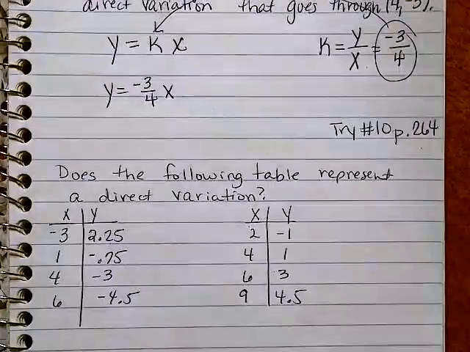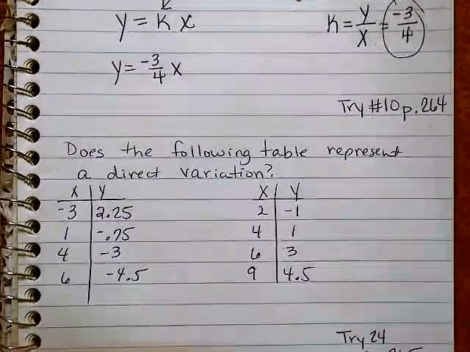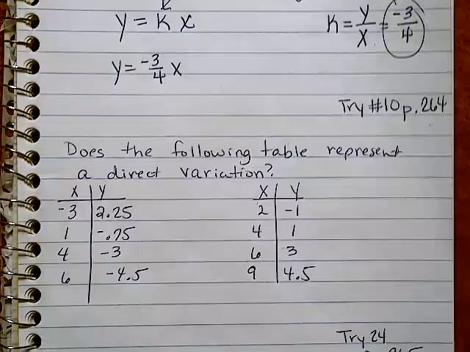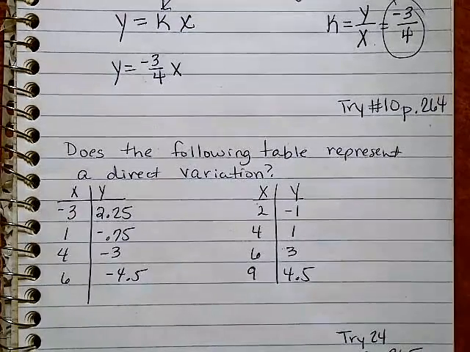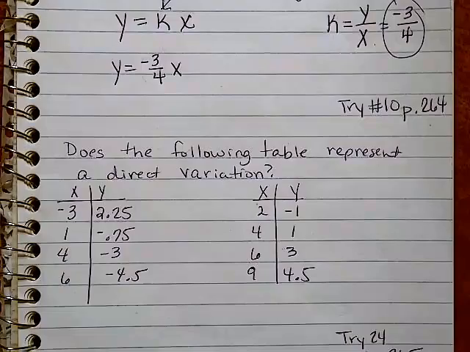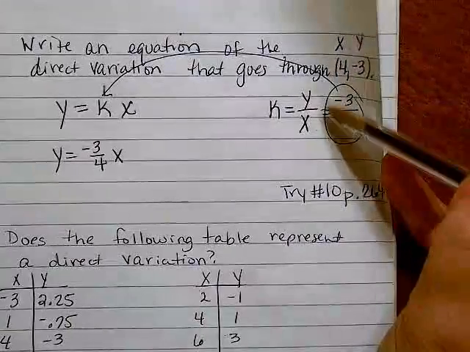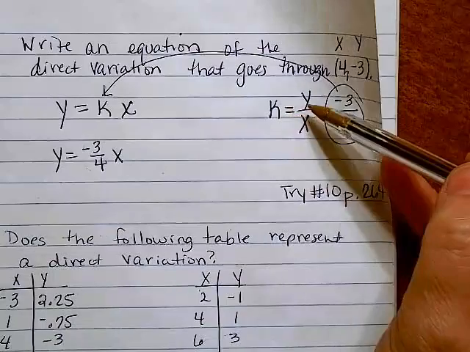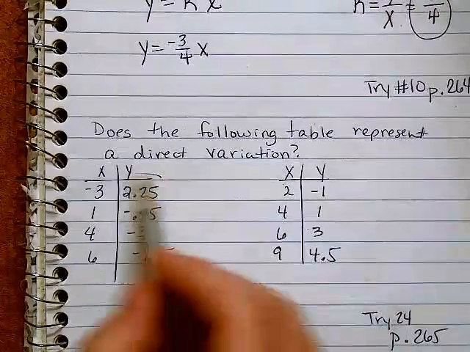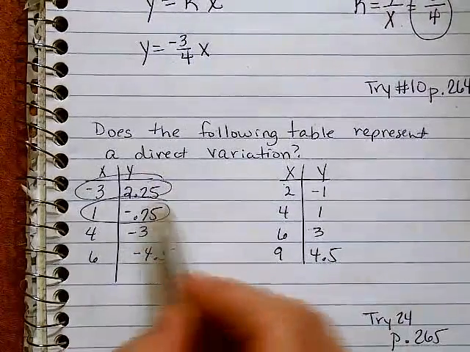Okay, last type of problem here. They're going to ask you to study a table and decide if it's a direct variation. In order to do that, we're going to use our ratios. Remember what I just told you about y over x being equal to k. It's called the constant of variation, and it should be the same for every pair all through the table.